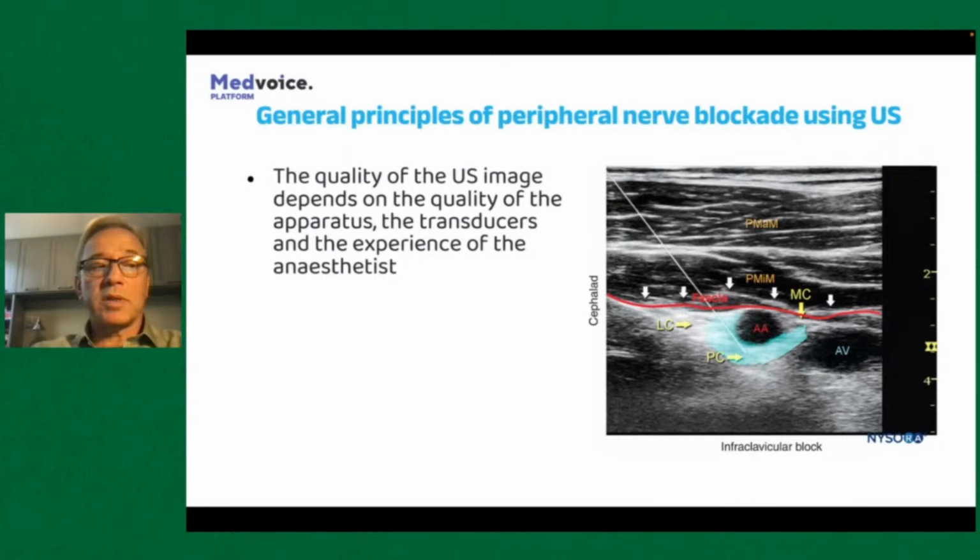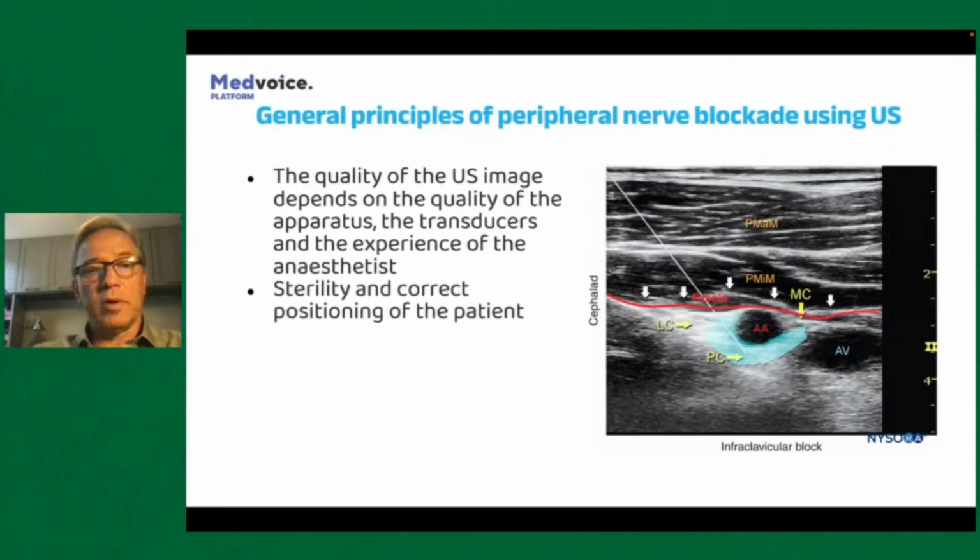What are the general principles of peripheral nerve blockade using ultrasound? The quality of the image depends on the quality of the apparatus. The better the apparatus and the transducers, the better the image, and of course, like with everything, it depends on the experience of the anesthetist. So do a lot of blocks and you'll get better. Sterility is important. Correct patient position is important.